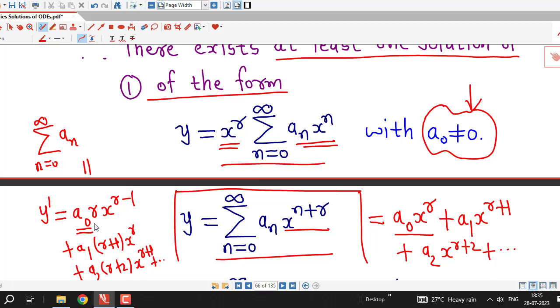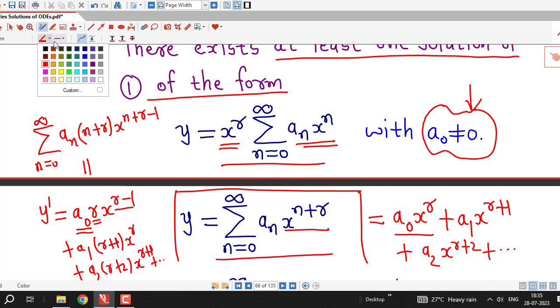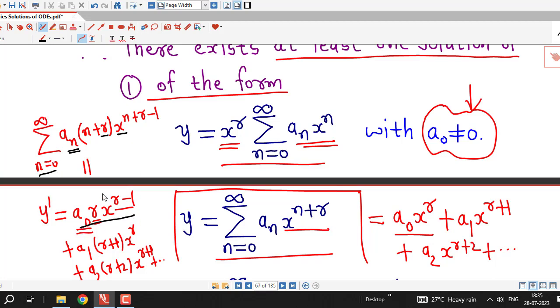And here you can see, if I have r here I have r − 1. The derivative of x^(n+r) is (n+r) x^(n+r−1), and you can check by putting values of n. If I take n = 0, I will have a₀ r x^(r−1), that is the first term.